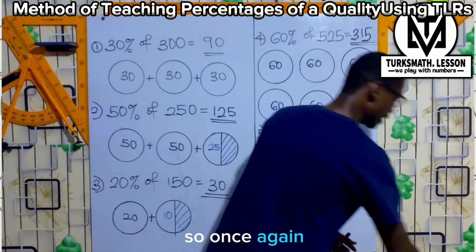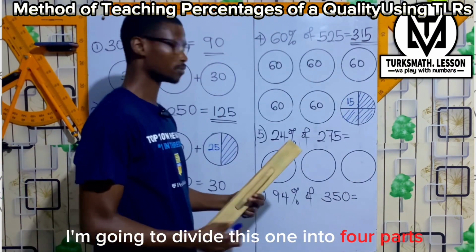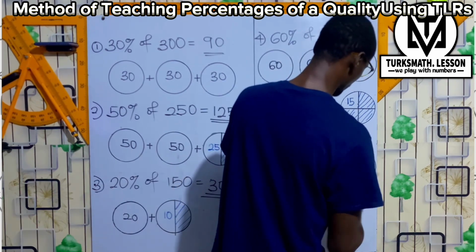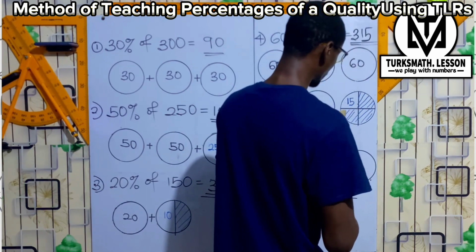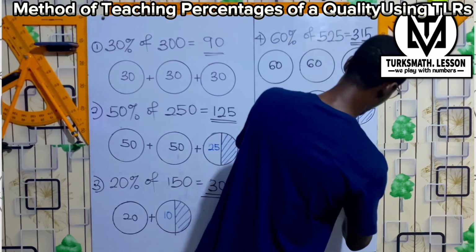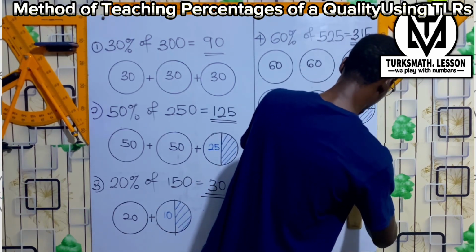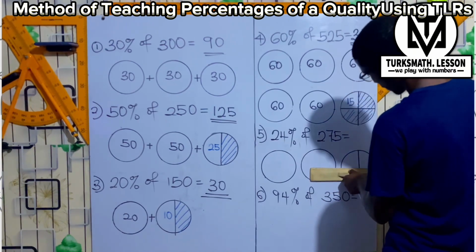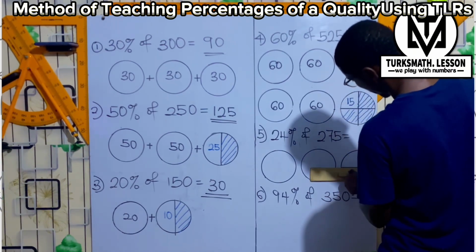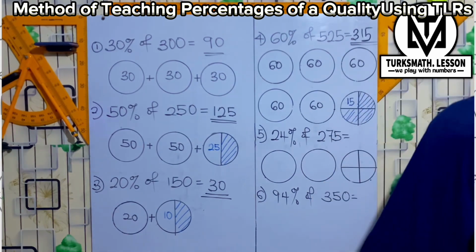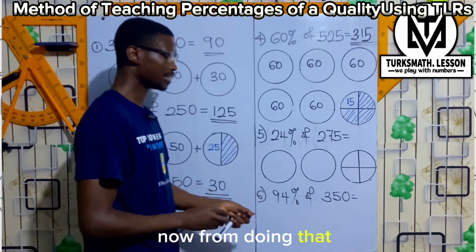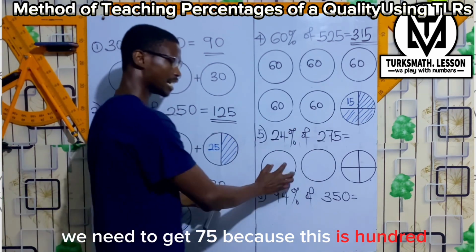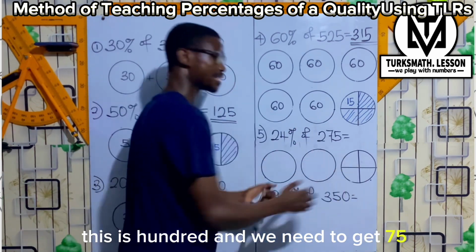Once again, I'm going to divide this one into 4 parts. Now from doing that, we need to get 75 because this is 100, this is 100, and we need to get 75.